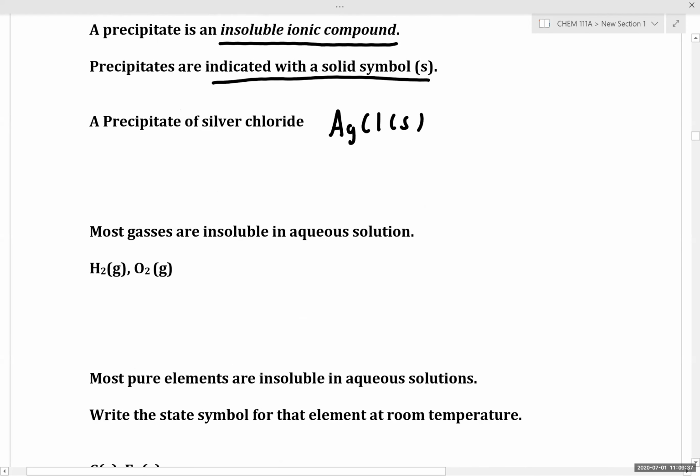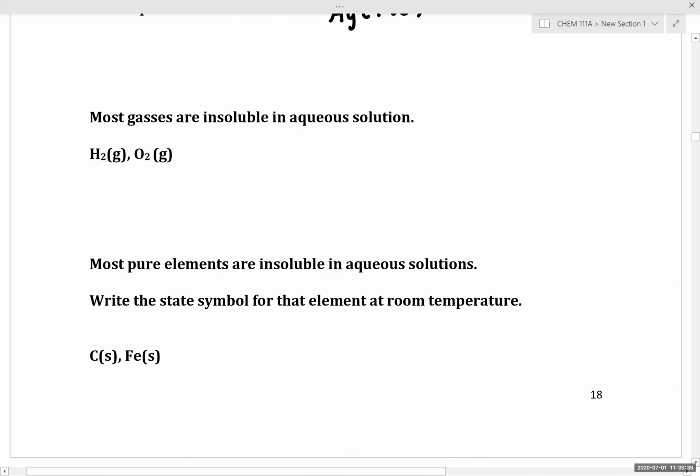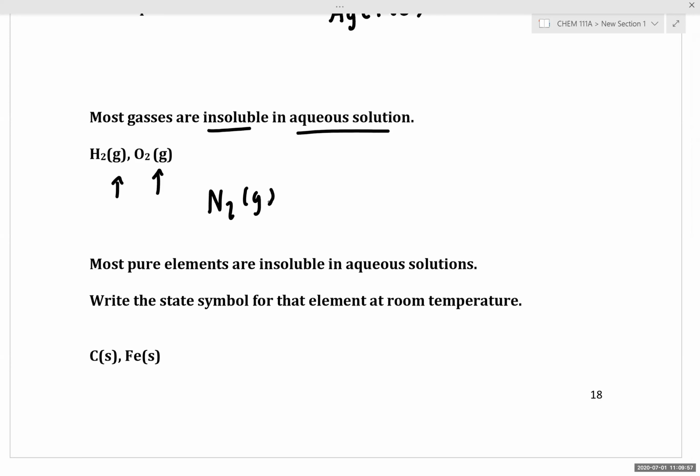So continuing on, most gases are insoluble in aqueous solution, so we put the gas symbol. For example, if a reaction makes nitrogen, we'd write it as nitrogen gas. The nitrogen doesn't dissolve substantially in water. Most pure elements are insoluble in aqueous solutions.